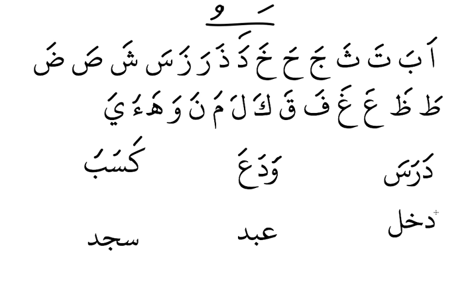We should be familiar with this letter. This is dal with a fatha would be da. Now let's try to identify this letter. If we go through the list, the only letter that looks similar to this part of the letter would be here. Kha. So kha with a fatha would be kha.